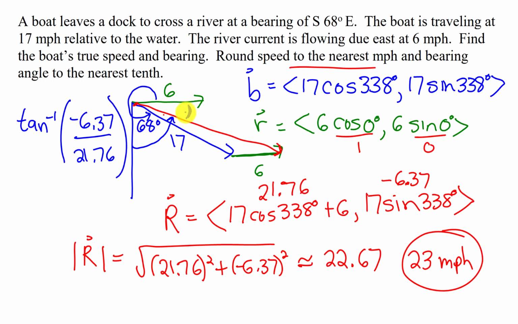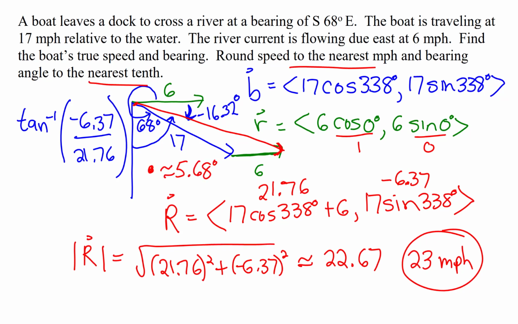So it'll give us this little angle right here. And once we have that little angle, then we'll be able to get at what we need for the bearing angle. So we're going to do inverse tangent of negative 6.37 divided by 21.76, and I get negative 16.32 degrees. Okay, well, that's measuring off the negative, but the size of that angle is 16.32.